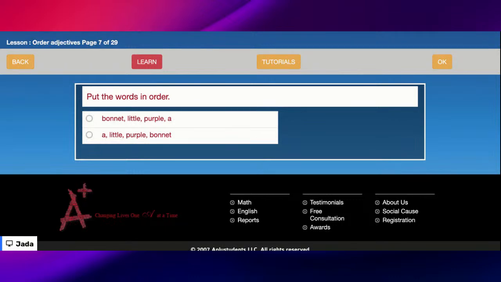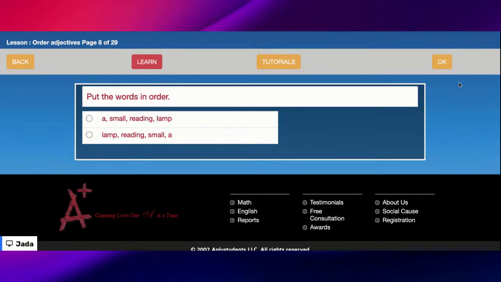Bonnet, little, purple, a. What's the right answer here? The little purple bonnet. Okay. Lamp, reading, small, a.